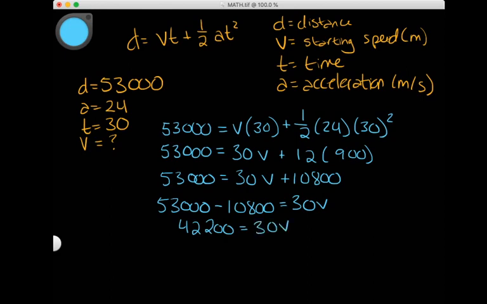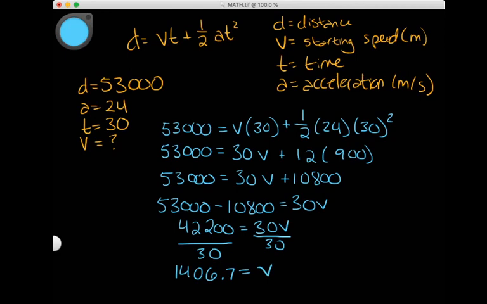Now remember that when we are finding the variable, we have to isolate the variable. So to get V by itself, we're going to divide both sides by 30. So 42,200 divided by 30 is going to be 1,406.7 equals V.